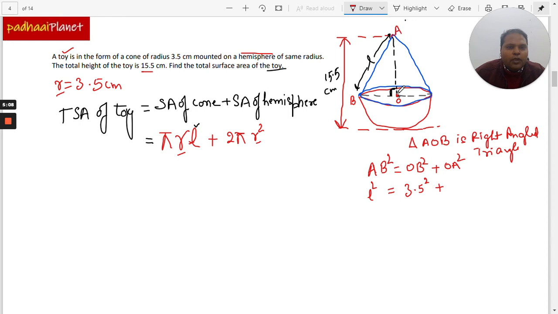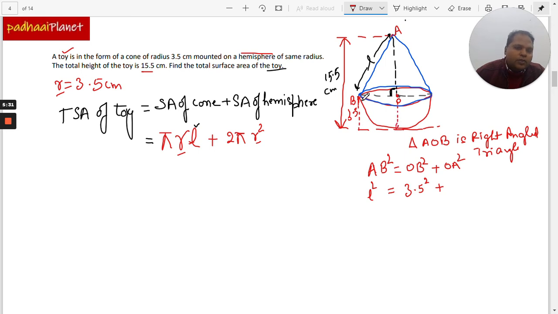Now OA here is basically 12, because this height from here till here is 3.5, because this is exactly equal to the radius of the circle.